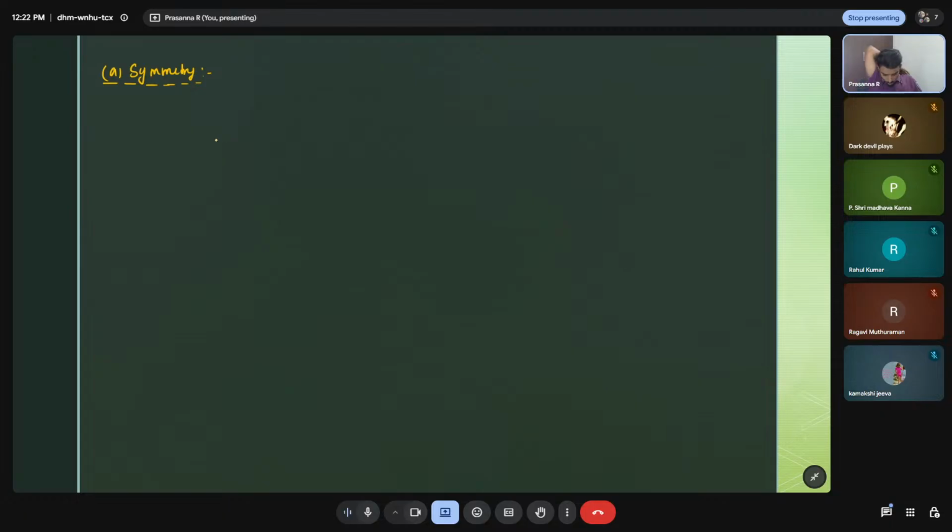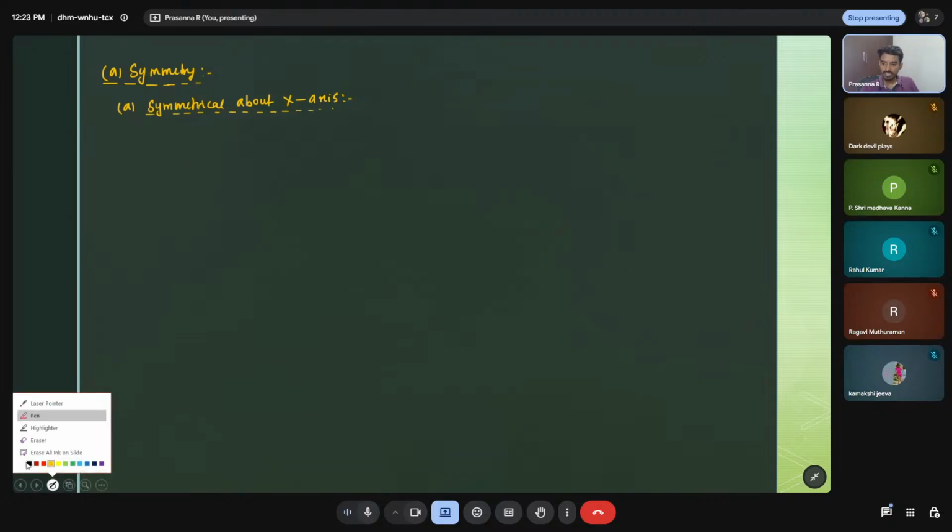See, first we will check whether it is symmetrical about x-axis or not. Symmetrical about x-axis means the x-axis acts as a mirror. How to check whether symmetrical about x-axis or not?